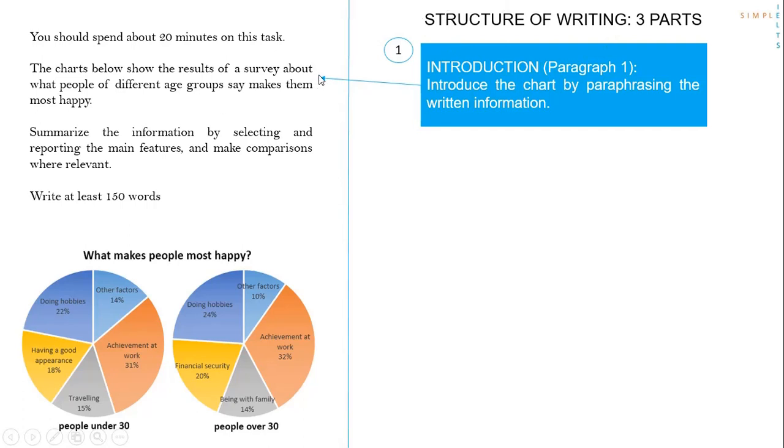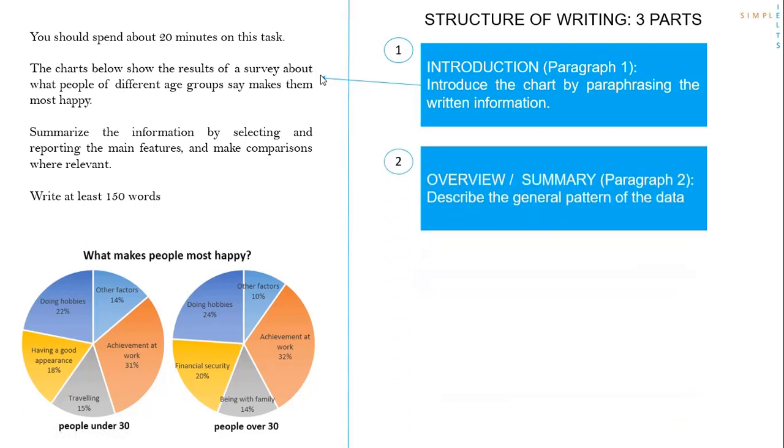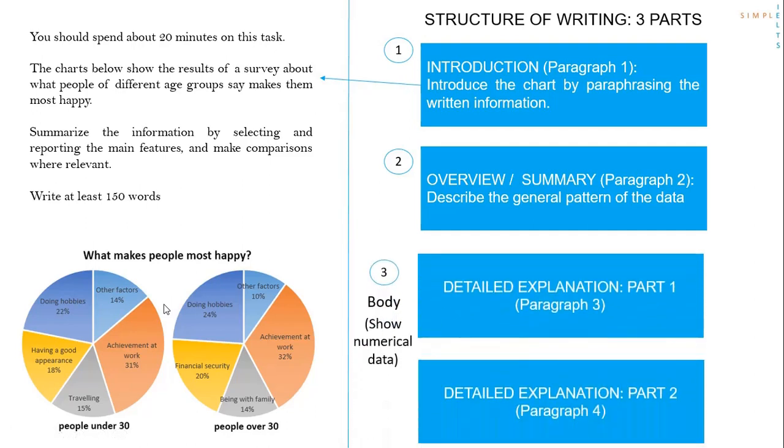By paraphrasing, I mean you have to rewrite the written information in your own words. Second is that you have to make a summary of the general pattern of the data. I mean, what are the similarities, for example, and then what are the differences.